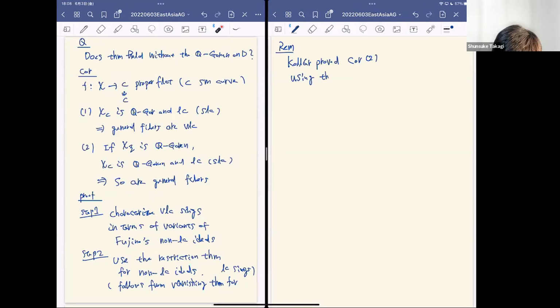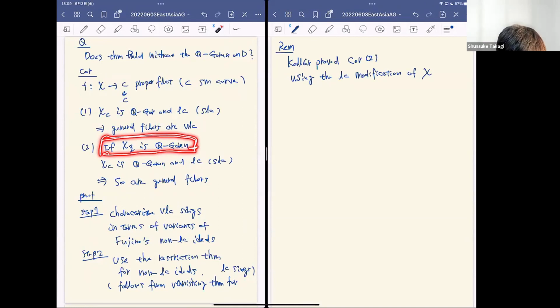Using log canonical modification, log canonical modification of the total space, he proved, under the assumption that the generic fiber is Q-Gorenstein, that the total space has an LC modification.